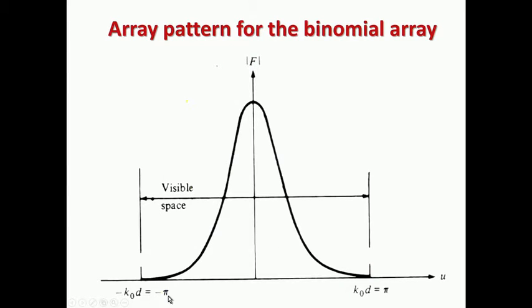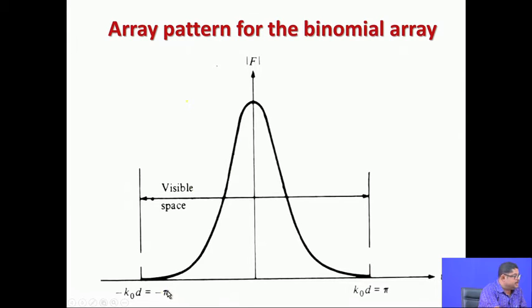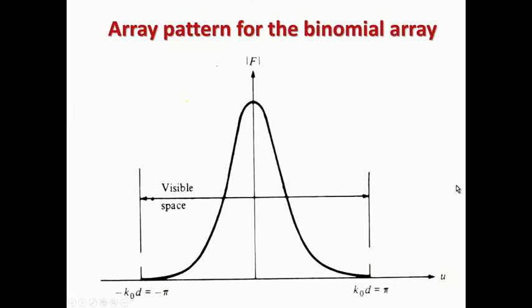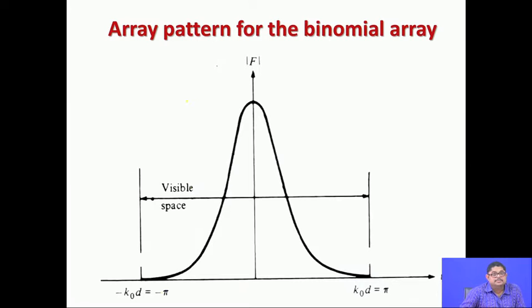The visible space is the same as before, because we have taken alpha to be 0, or u0 to be 0. So, you see there are no side lobes. So, this is the other extreme, that there are no side lobes, but what is the problem? Obviously, the beam width is much more than uniform. That is obvious, because the moment we take these binomial ones, at the sides the excitation amplitude is quite less.